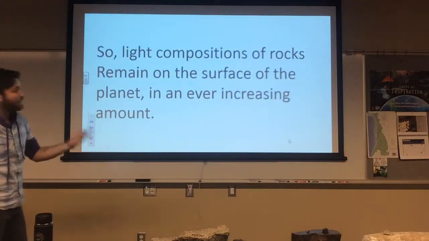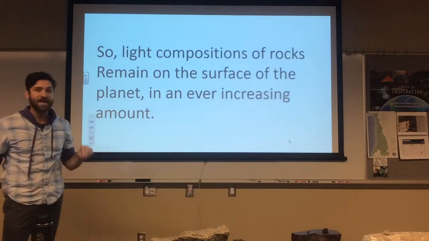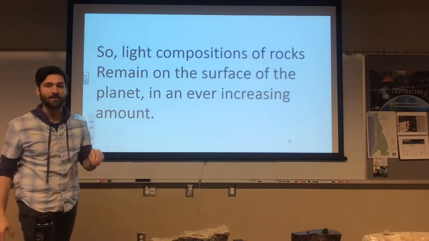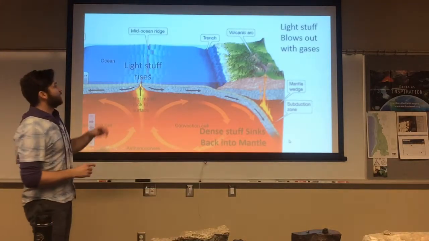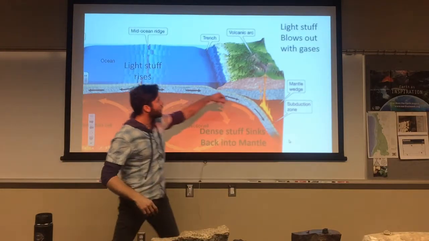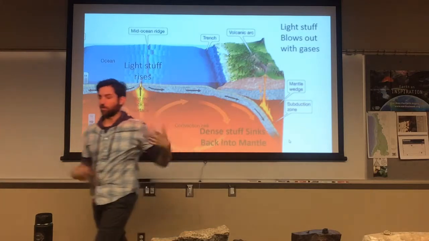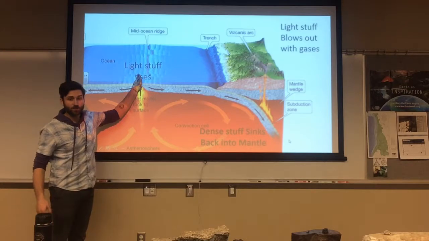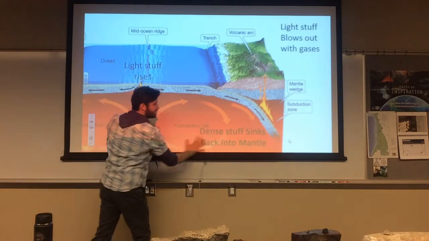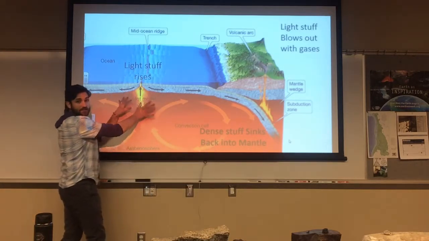All right. So the light compositions of rocks remain on the surface of the planet in an ever-increasing amount, right? That's what led us into volcanism. So the light stuff blows out of the volcanoes with gases, of course. The light stuff here is rising to the surface, where the dense stuff stays down here, right?